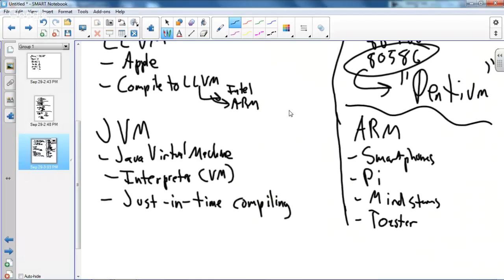So the Java virtual machine does amazing things at runtime. It will profile the program, identify tight loops that get repeated a lot, and then on the fly as the program is running, translate the pertinent virtual machine code directly into machine language. For some things, this is great. If you write, say, a web server in Java, that's awesome. Why is that? Because you leave the thing running for days.